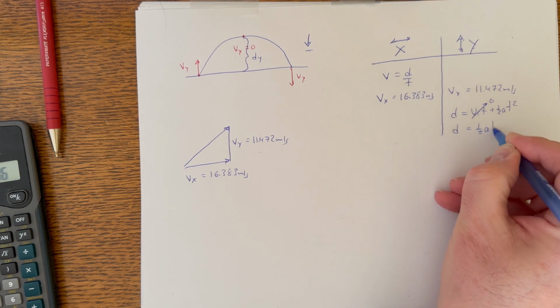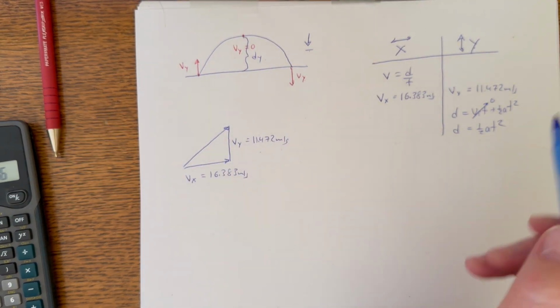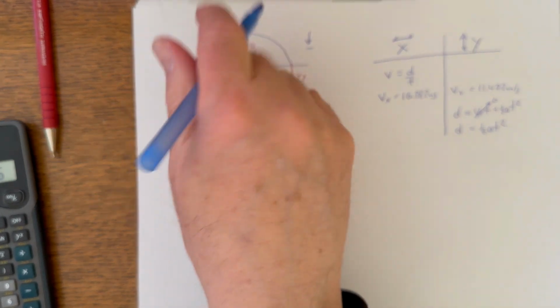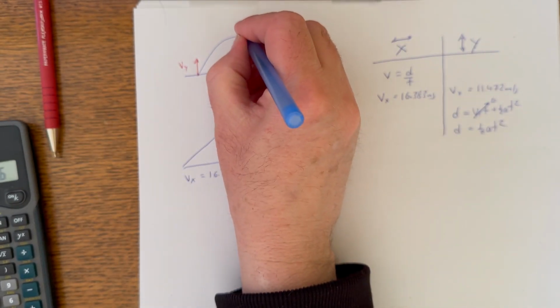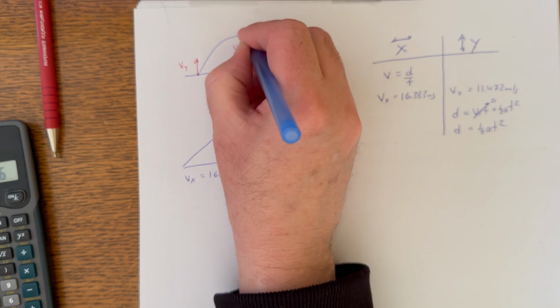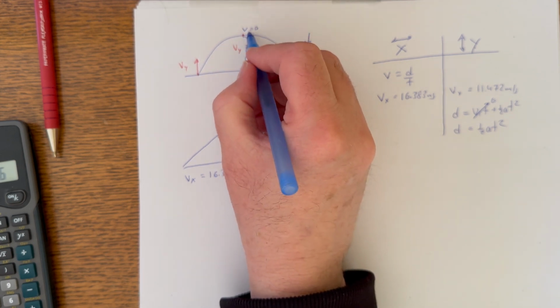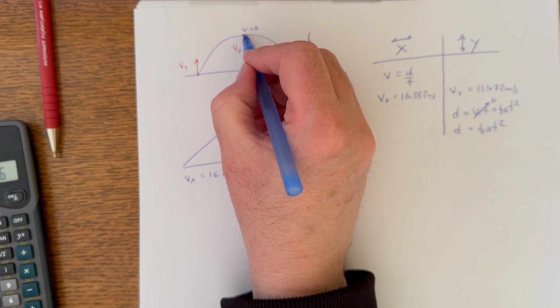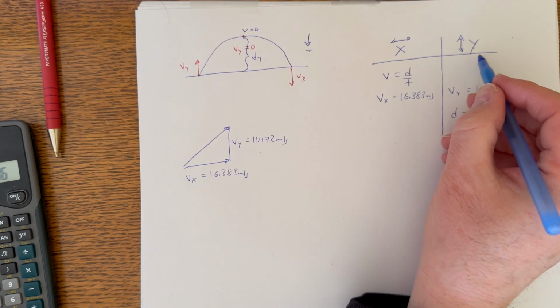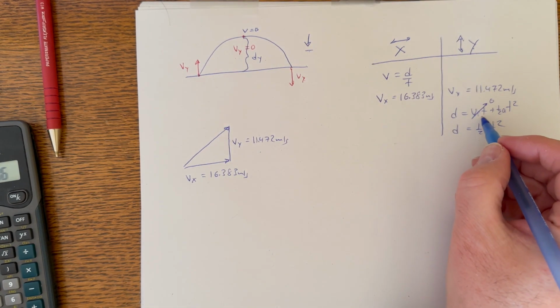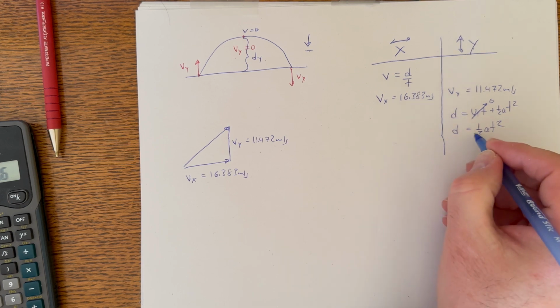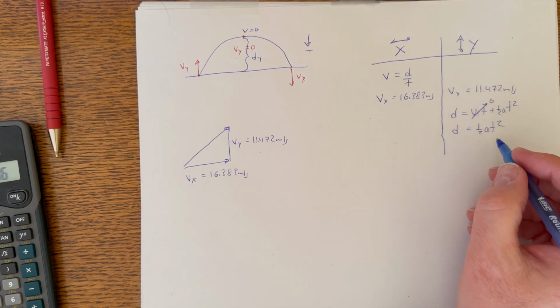How can I make that claim? I can make that claim because I'm going to say, well, let's say the object starts from here. I know it doesn't, but let's calculate the distance it goes down. If I calculate the distance it goes down, the velocity at the very top is 0 in the y dimension.